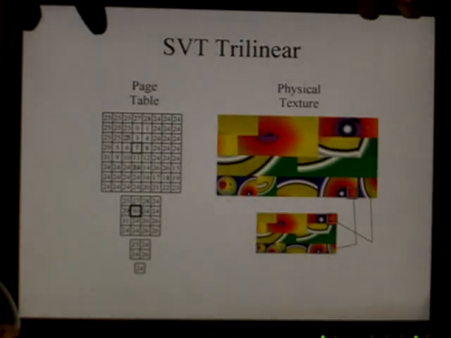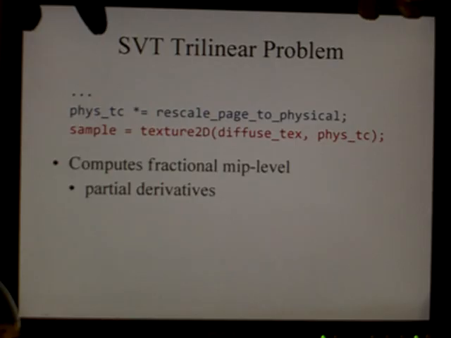Before we added this trilerp, I only ever had 1 MIP level of this physical texture, so it didn't do any MIP mapping at all. It never needed to compute MIP levels. But now, at this stage, it needs to compute them, only for the fractional weight between these 2. To compute this MIP level, the math requires computing the partial derivatives of the texture coordinates.